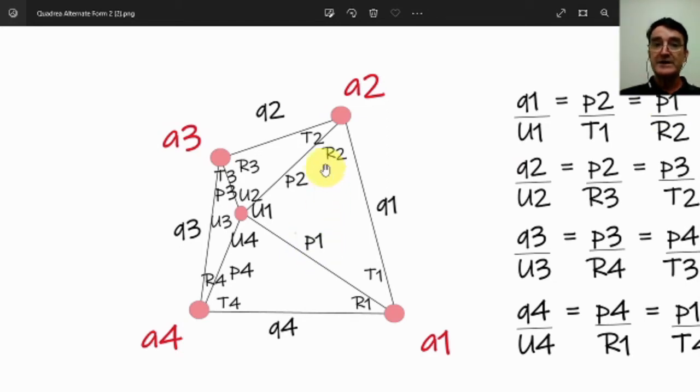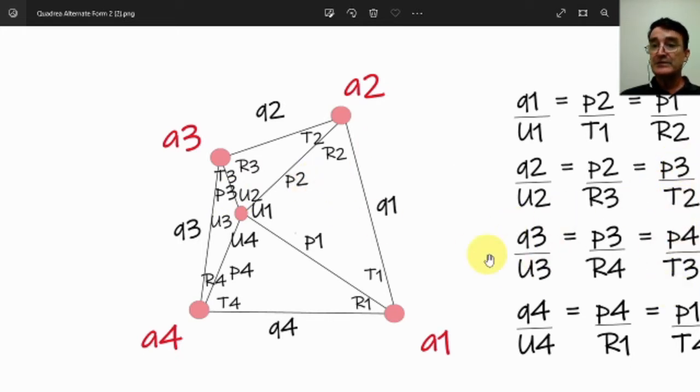For projective triangle A2, A3, A5, Q2 divided by U2 is equal to P2 divided by R3, and that's equal to P3 divided by T2.